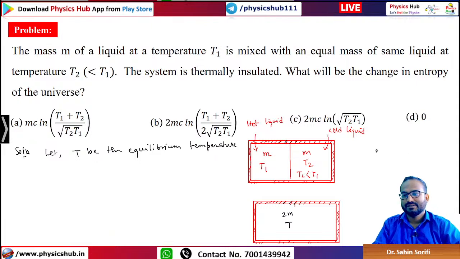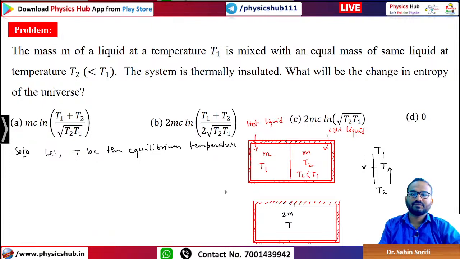T1 and T2 are on a scale, and the temperature of T1 will fall to T and the temperature of T2 will rise to T.